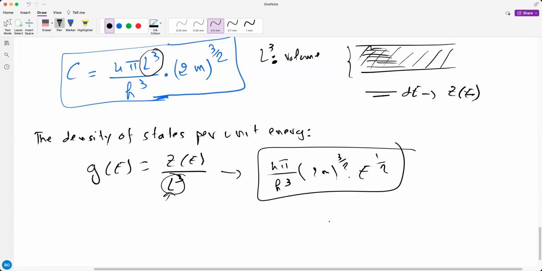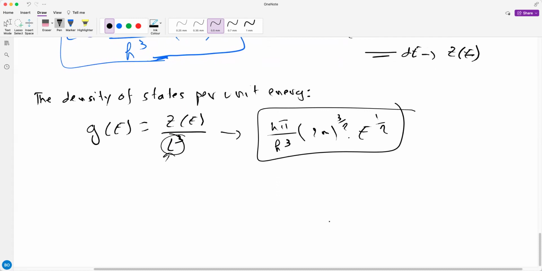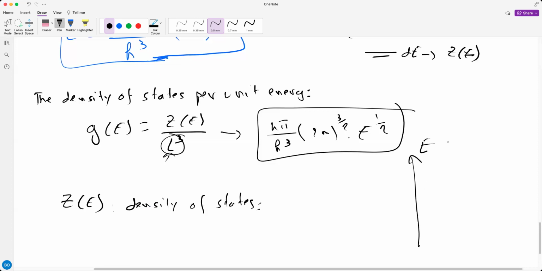Now, let me just mention something. Now I have the density of state. Let's assume I have a metal. This is the energy of a metal.